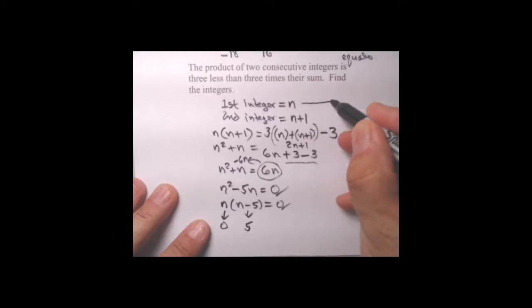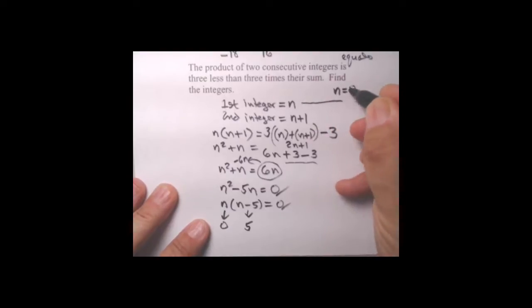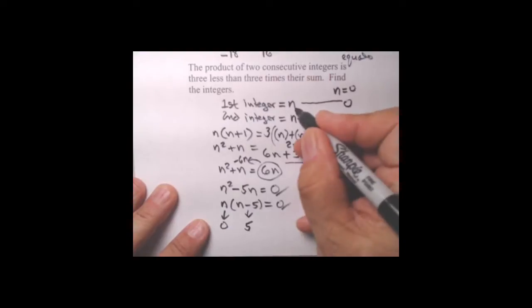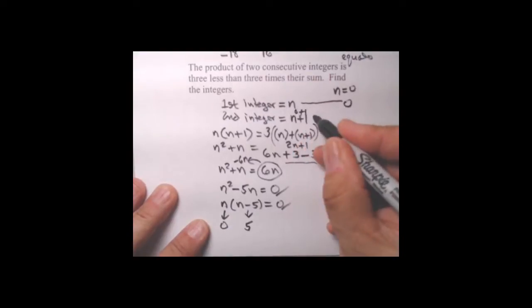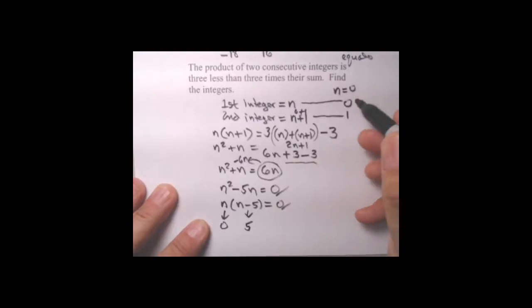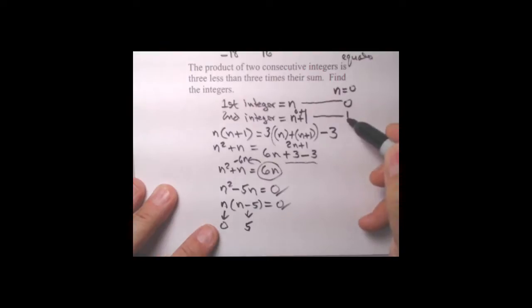So if I use n equals 0, of course the n will be 0 here, and 0 plus 1 means this is 1. So 2 consecutive integers that solve this are 0 and 1, but n equals 5 also works.